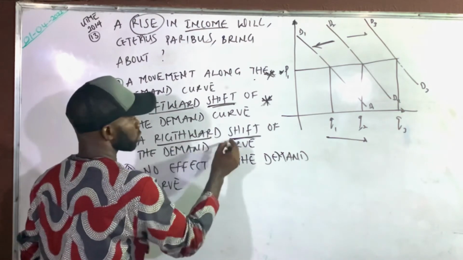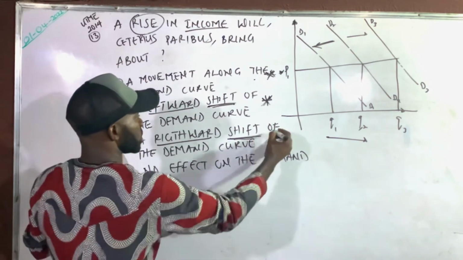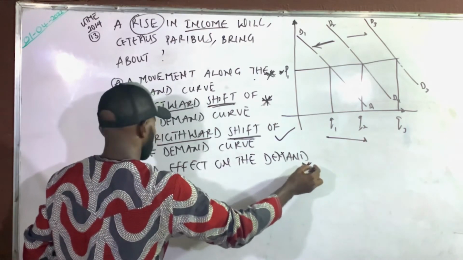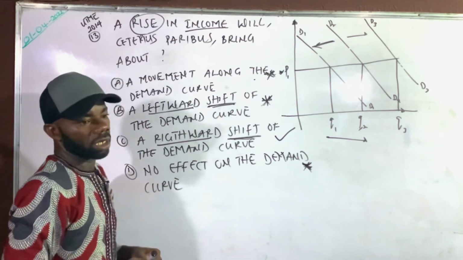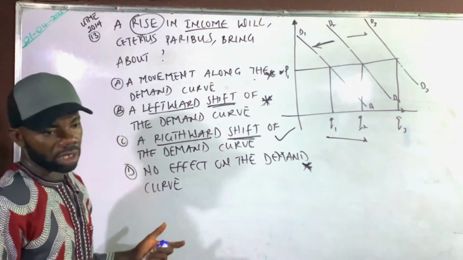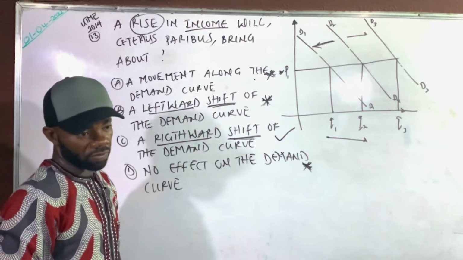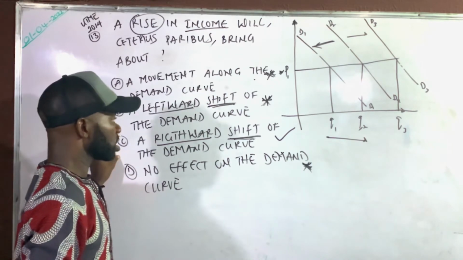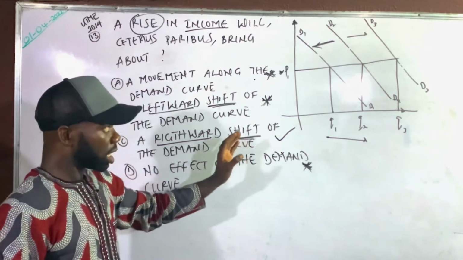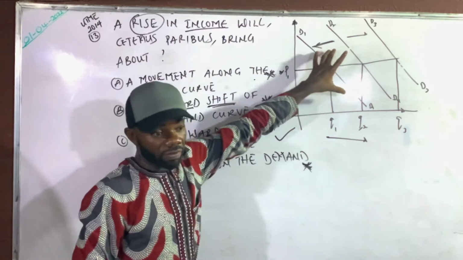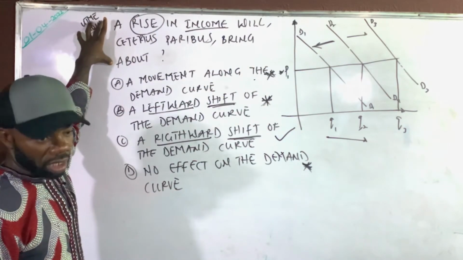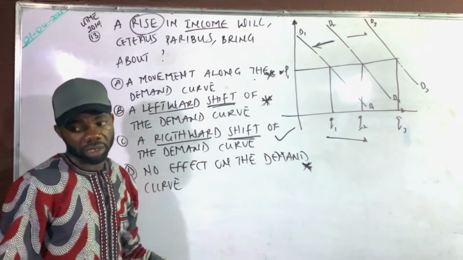So these two means we are on point here. This cannot work because this is not even a part of either shift in demand or movement along the demand curve. So we cannot have A, B, or D. C is a perfect answer considering the diagram we have above for this kind of question. And that explains it.